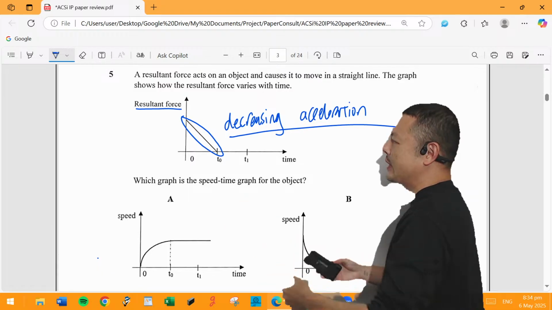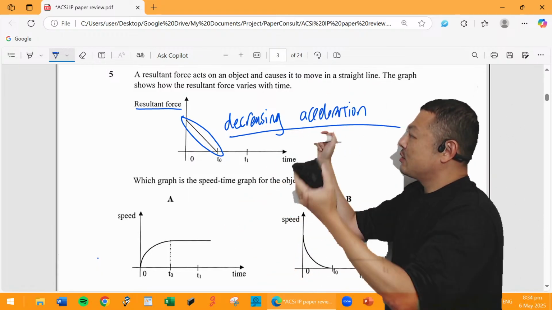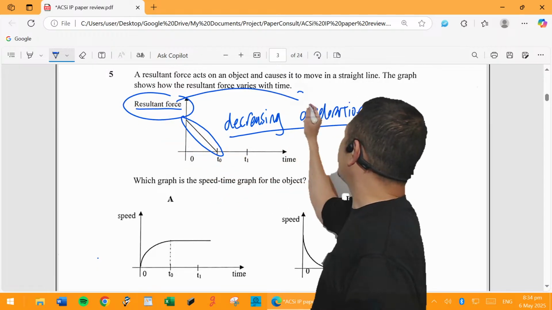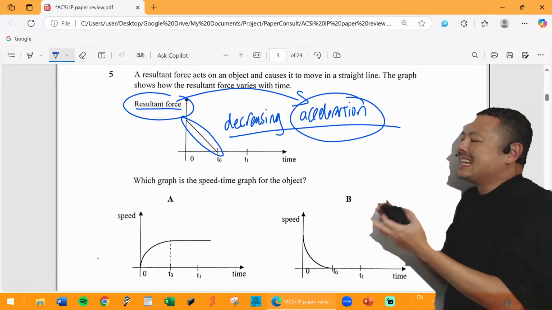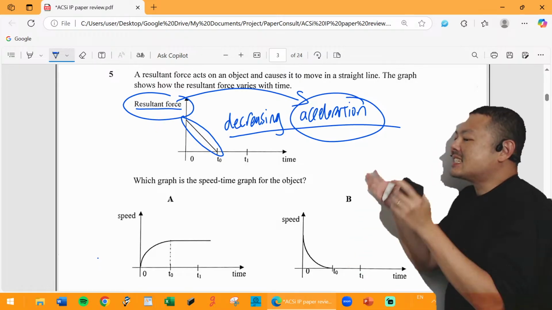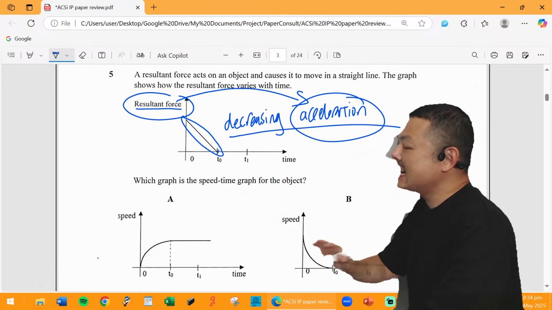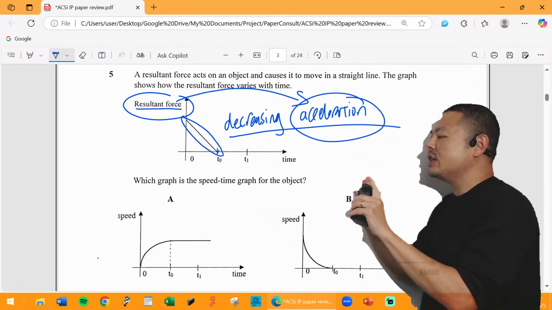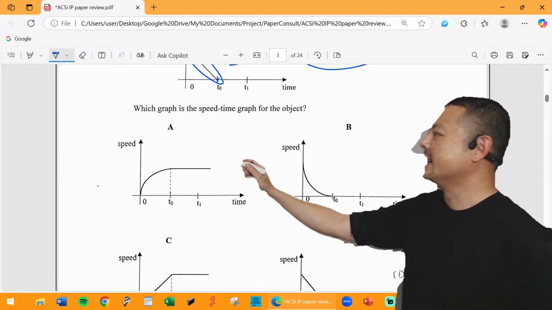It's not slowing down. It's accelerating because resultant force gives you acceleration, but the amount of acceleration is getting less. It's still accelerating all the way to the end, and then no more acceleration means it reached constant speed. So A should be your answer.